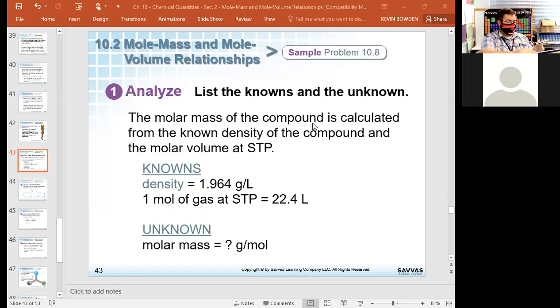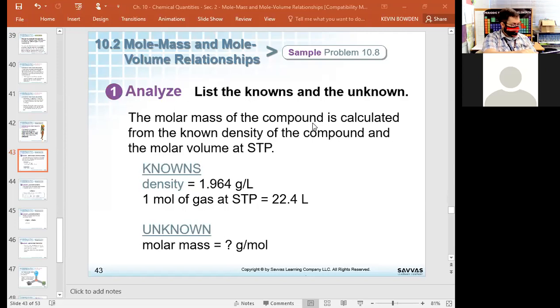If I want grams per mole, and I've been given a couple things where one has liters, one has grams and one has moles, aha, I am going to multiply those and cancel out the liters.